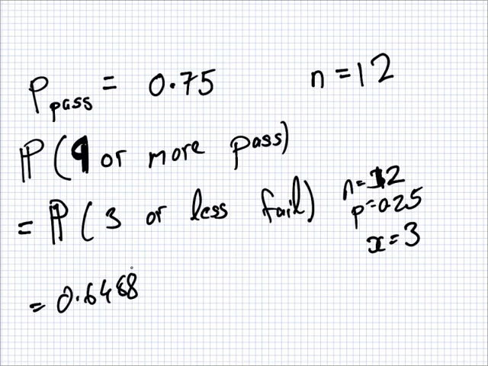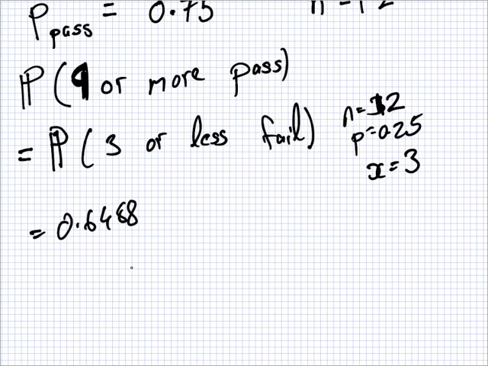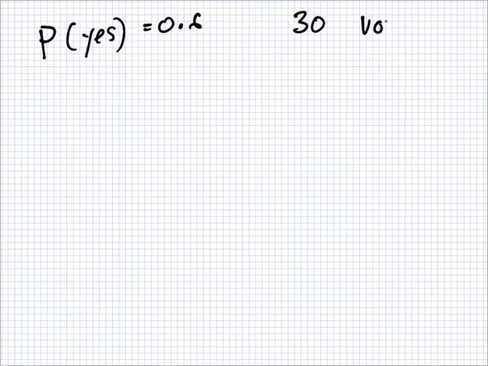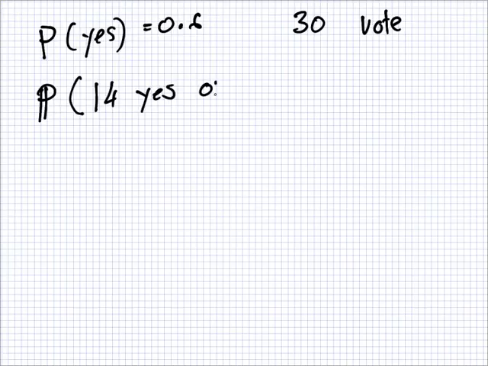Great. Right. One more example. Okay, so let's say there are people voting, and we'll say the probability that you'll vote yes is 0.6, and let's say there are, I don't know, 30 people vote, and I want the probability of 14 yeses or, what did I do last time?